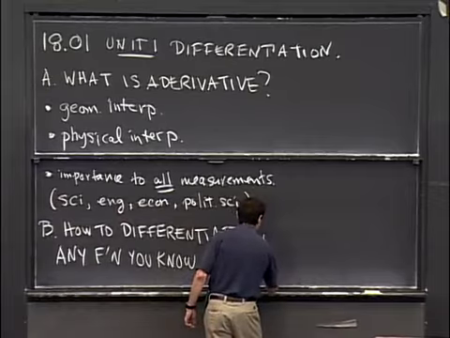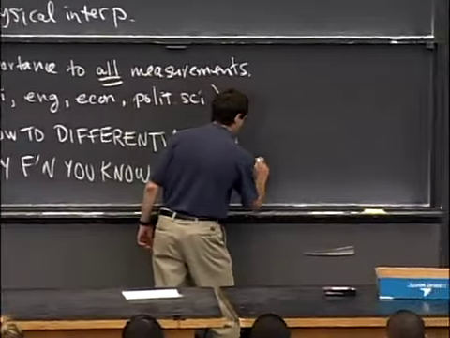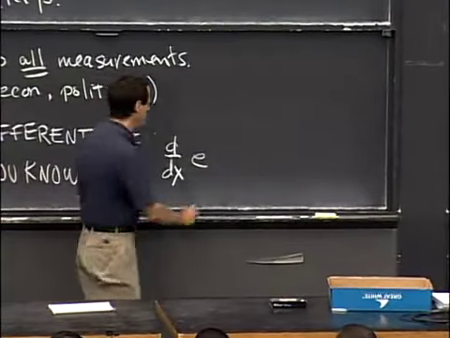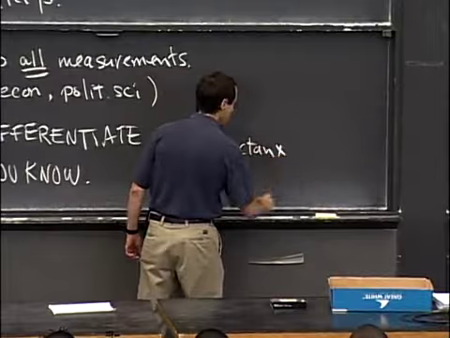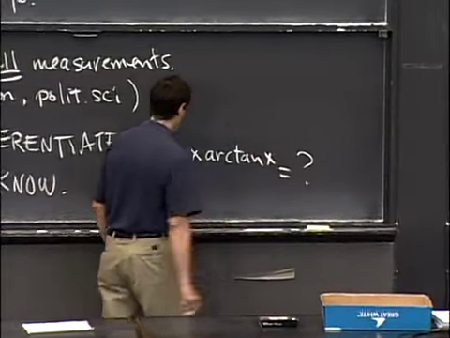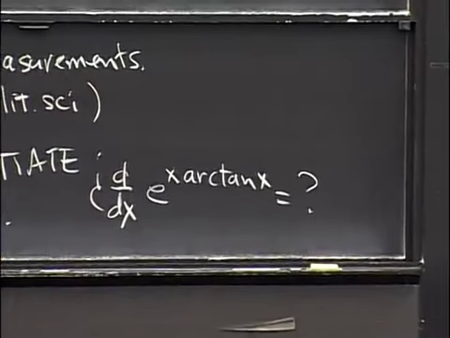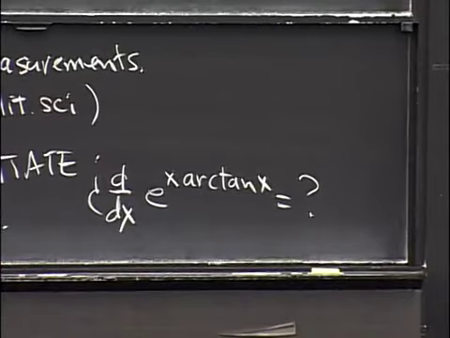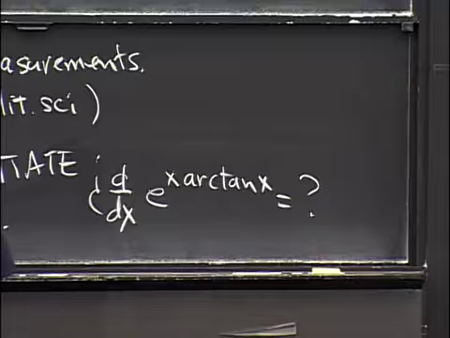If you want to take the derivative, this we'll see today as the notation for the derivative of something, of some messy function like e to the x arctan of x, we'll work this out by the end of this unit. All right? So anything you can think of, anything you can write down, we can differentiate it. All right, so that's what we're going to do.